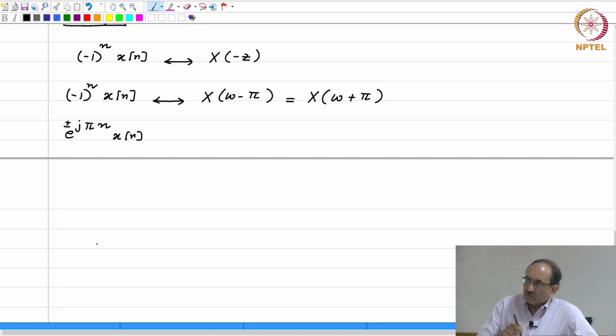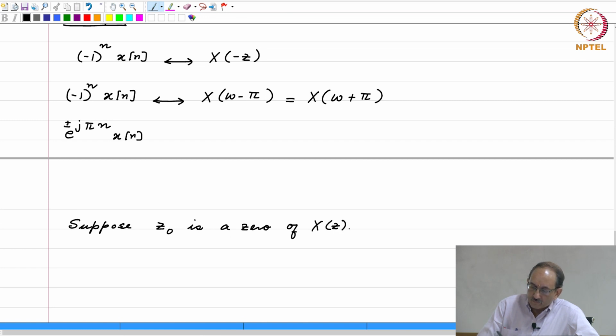Let us look at what this exponential multiplication does in the z domain. Suppose z naught is a 0 of X(z). So, this implies that X(z naught) is 0.